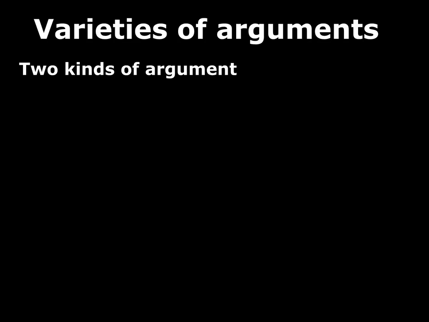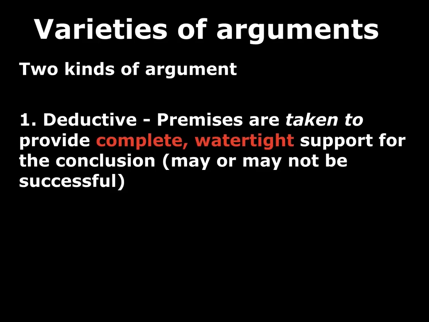Now, it's going to be helpful for us to divide arguments into 2 categories. And the categories are deductive and inductive. First, I'll give you a rough division. A deductive argument is one where the premises are taken to provide complete watertight support for the conclusion. Okay. Now, that argument may or may not be successful.